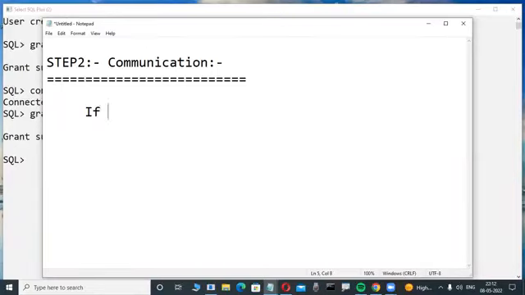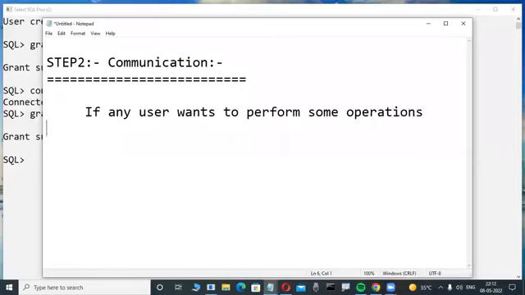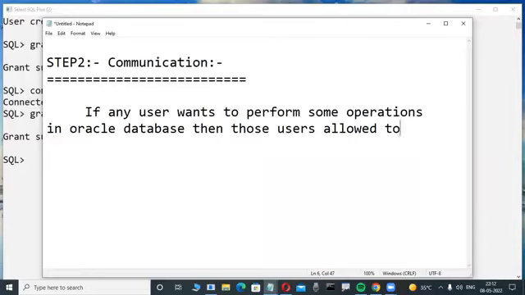If any user wants to perform some operations in the Oracle database, then those users, so many users, not only one user, are allowed to use SQL, within the bracket structured query language.